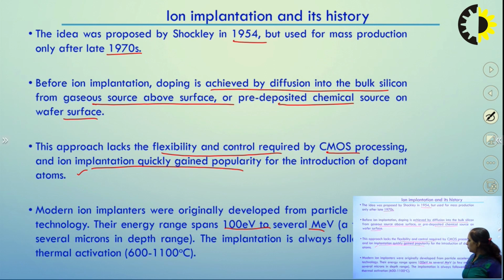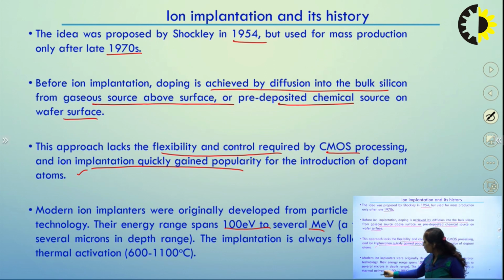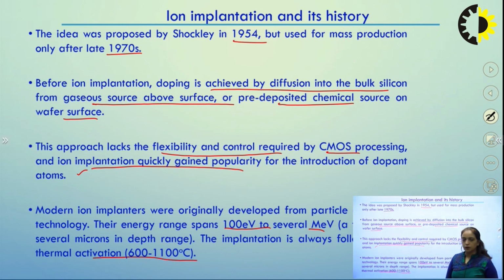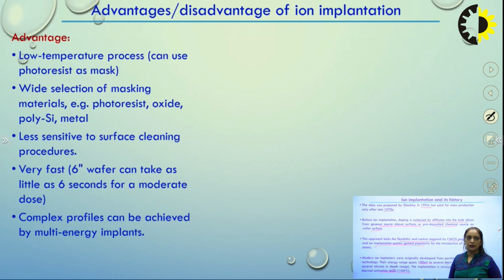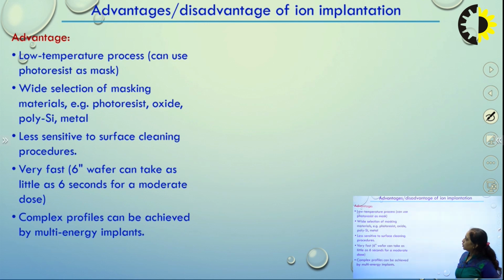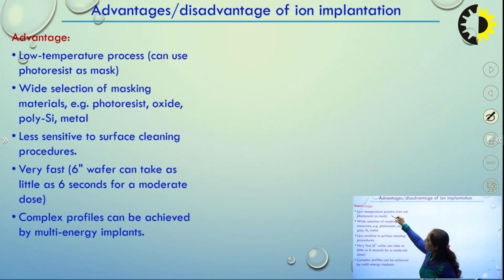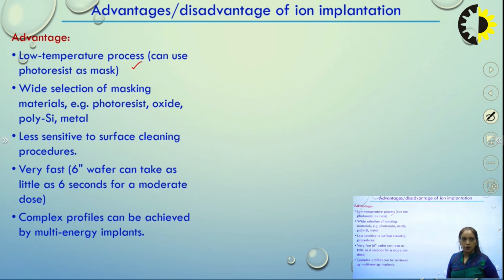Ion implantation is always followed by thermal activation, which is carried out at 600 to 1100 degree C. Right. The advantages of this process are that it is carried out at a very low temperature, and a wide selection of masks and materials can be used.